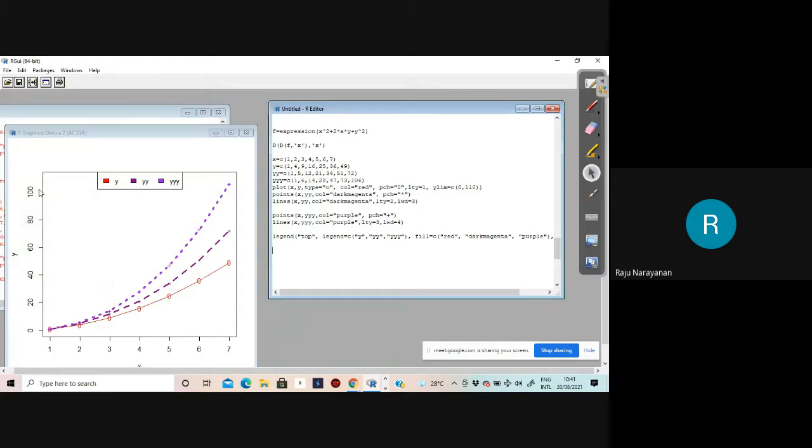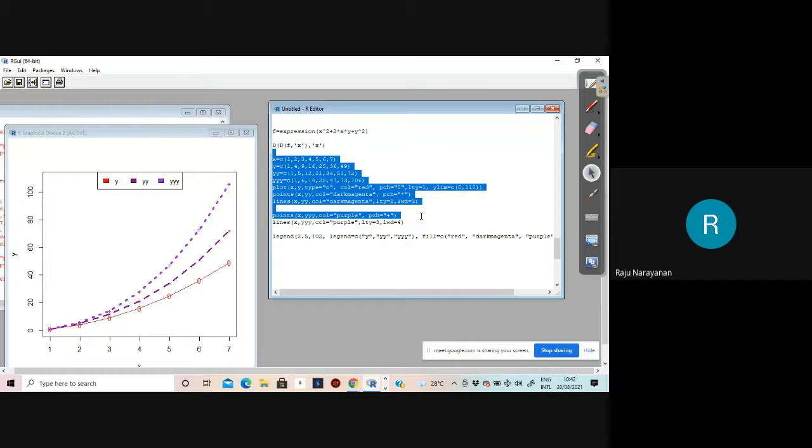Okay, y-axis 103. Therefore, top you can avoid. 2.5 x-coordinate, y-coordinate is 102. Again I have to start from the beginning, otherwise that will be there and this will overwrite.